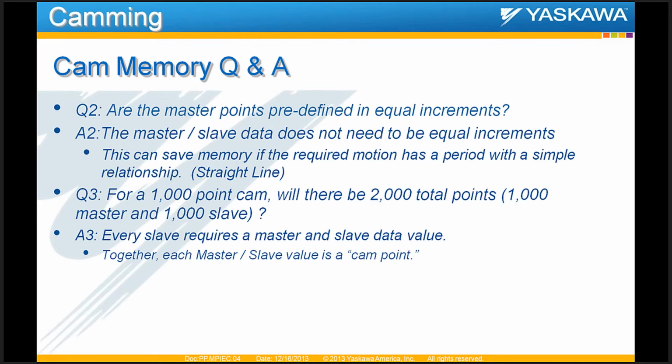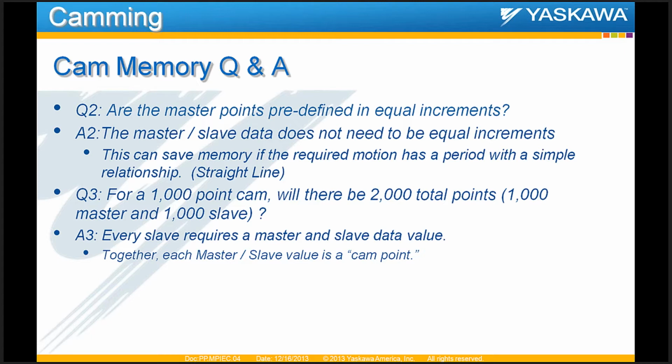Another question regarding camming was, are the master points predefined in equal increments? And they do not need to be in equal increments. You can do that if the application requires it, but the distance between the points is completely up to you and to what the application requires, because the controller will do interpolation between each of the points you give it.